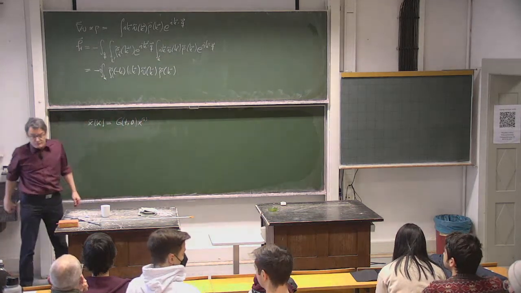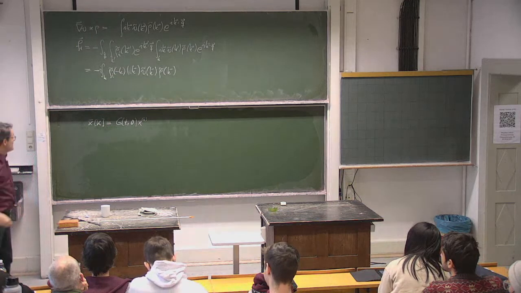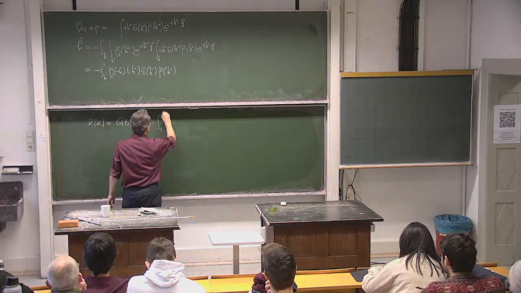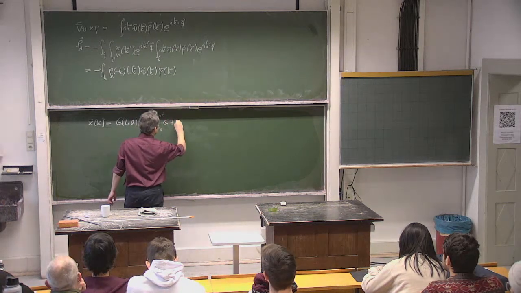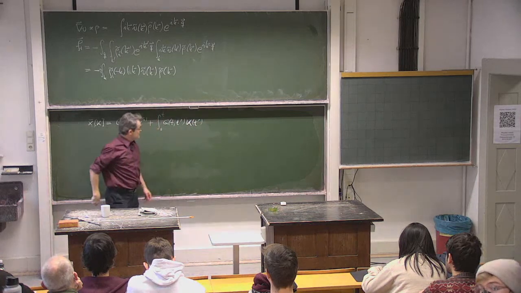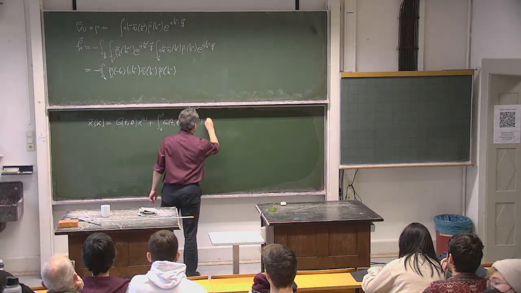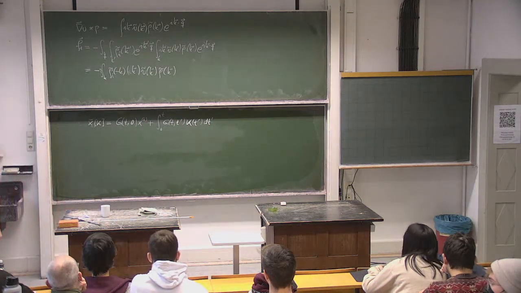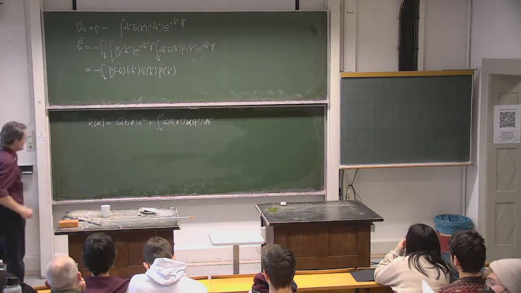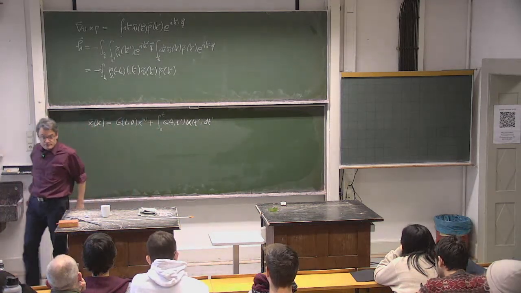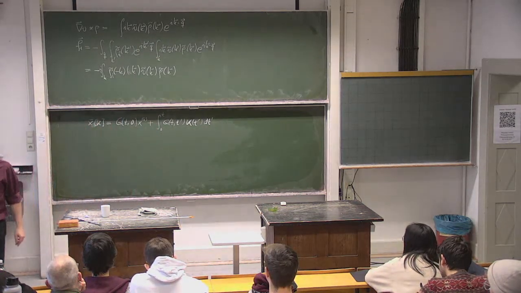So that's the well-known free part. We don't need to care about that. But now I'm going to replace the interaction term by this so far unknown source field K. So now I get an interacting part of the trajectory that is itself a functional of K.